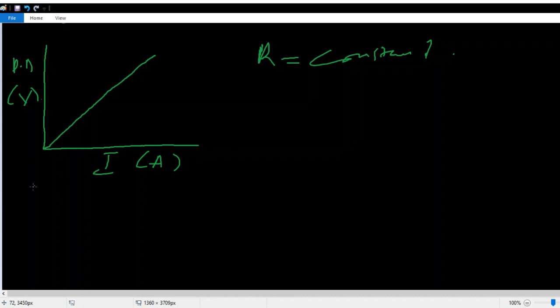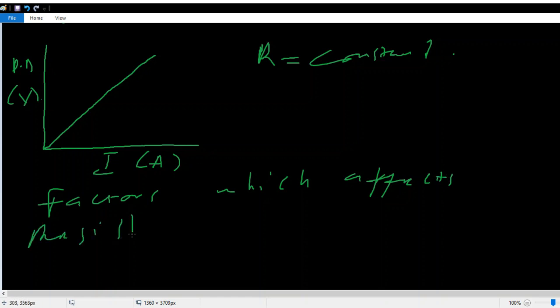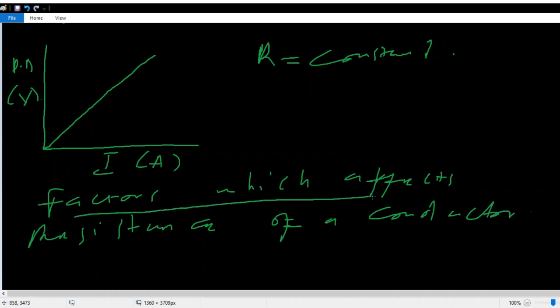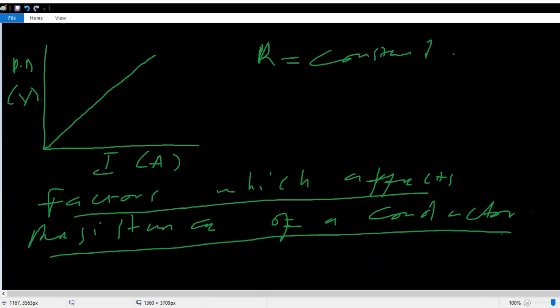Some of the factors that affect the resistance of a conductor are temperature, the length of the conductor, the cross section, which is also referred to as the thickness of a conductor, and the type of material.